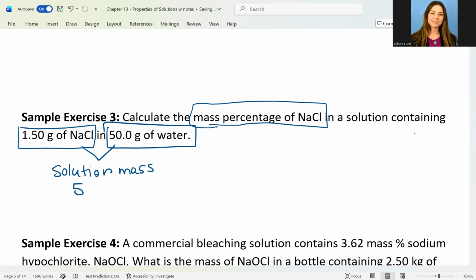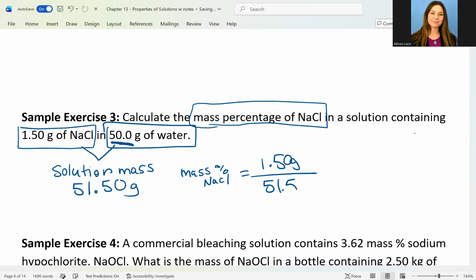So it's actually going to be 51.50 grams instead of just maybe 50. So don't be fooled into thinking it's just 50. So if I want to know my mass percent, I'll set up mass percent of NaCl. I'm going to put my mass of NaCl on top, 1.50 grams, divided by 51.50 grams times 100. And this will give us a mass percent of 2.91.